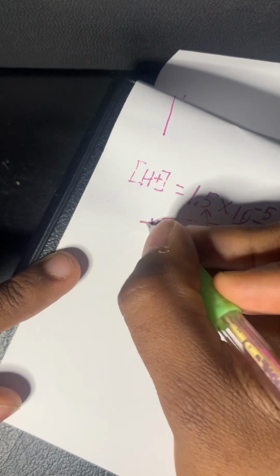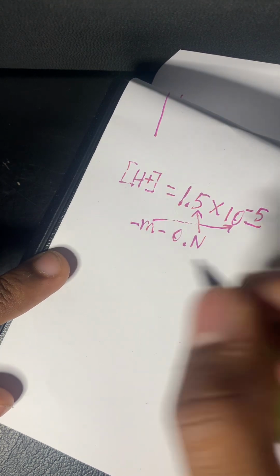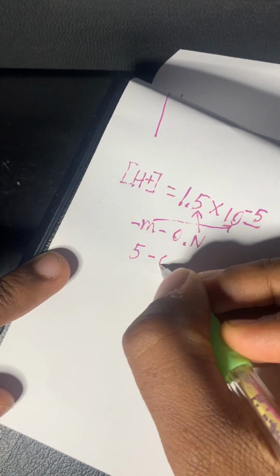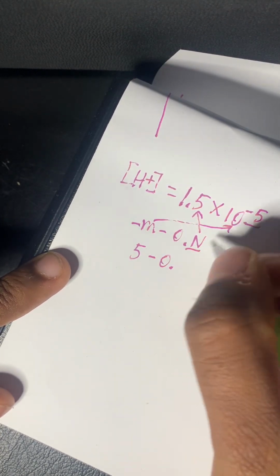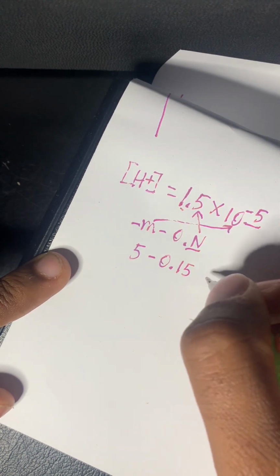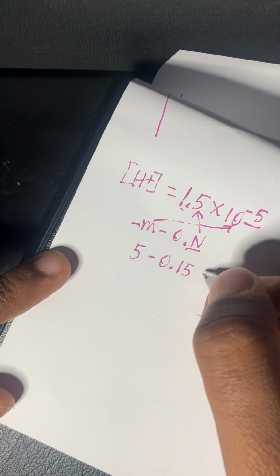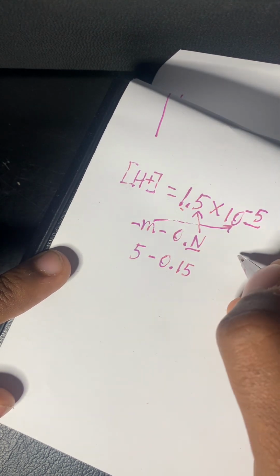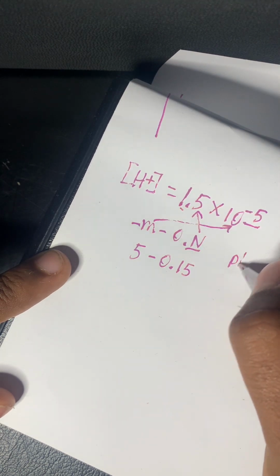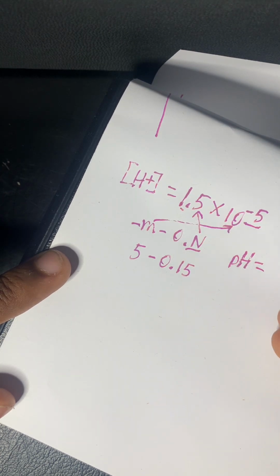Because this is negative 5, what you're interested in is 5. So you bring 5 over here, minus 0.n. And what's the value of n? Well, we already said 1.5, right? So 0.15. And just so we're all clear, the P of hydrogen ions, the power of hydrogen, is the pH, so that's what we're trying to find.